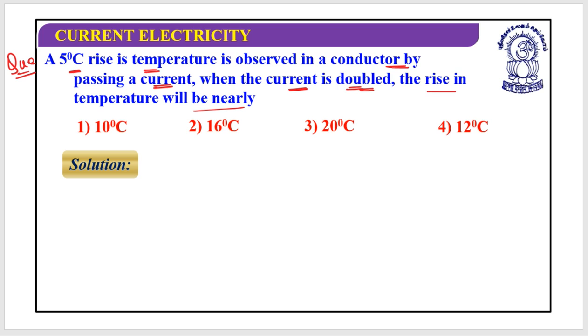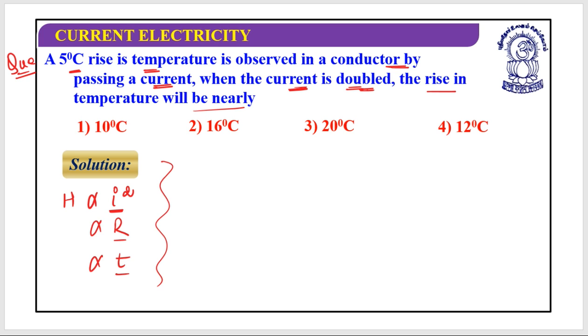It says when the current is doubled. So let's look at what they are talking about: the heating effect of electric current depends on I square, it depends on the resistance, and it depends on the time for which it is flowing. So if they change the current, because they say the current is doubled, they are just changing the I parameter and keeping R and T constant.